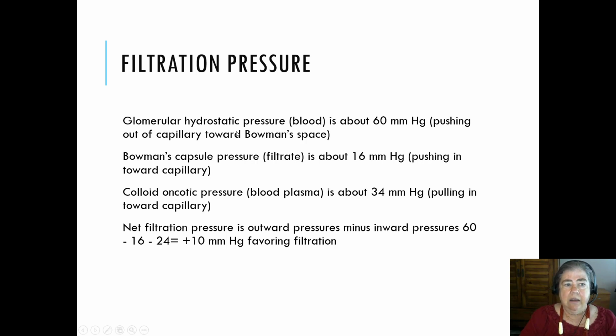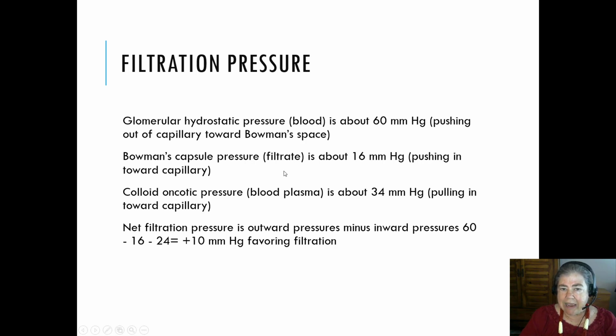So here again, this is just slightly different numbers, and I want you to understand this formula. I will not ask you to do a lot of math in this course. This is one of the places where I will. If you are trying to figure out filtration pressure in the glomerulus, you take your glomerular hydrostatic pressure, which is variable, right? Because it depends on the resistance of the afferent and efferent arterioles. So if we establish that as 60, then we have to take that and subtract two things.